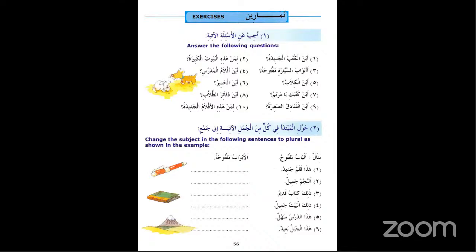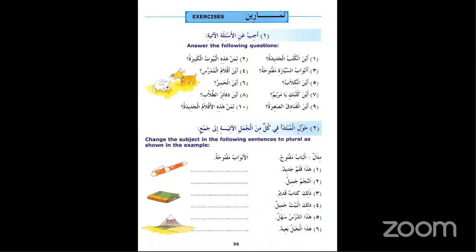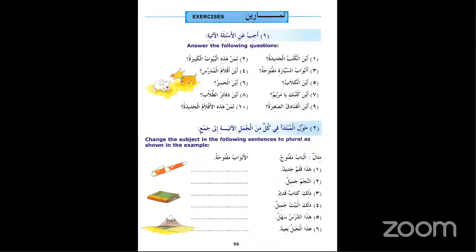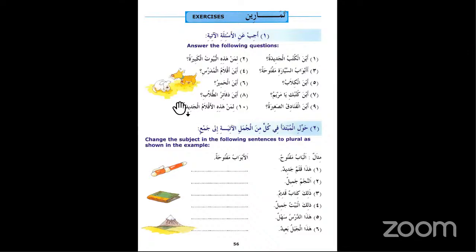Here fi shari'i. They are in the streets. Correct. Aina al-hamiru. Where are the donkeys? They are in the field. Here fil haqli. Jazakallah, sister.